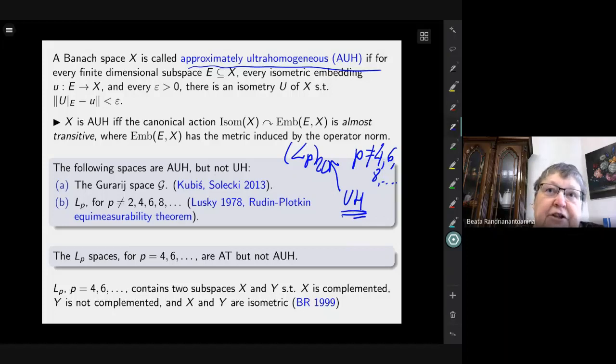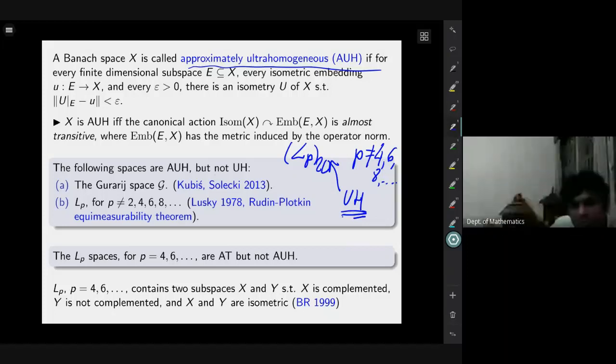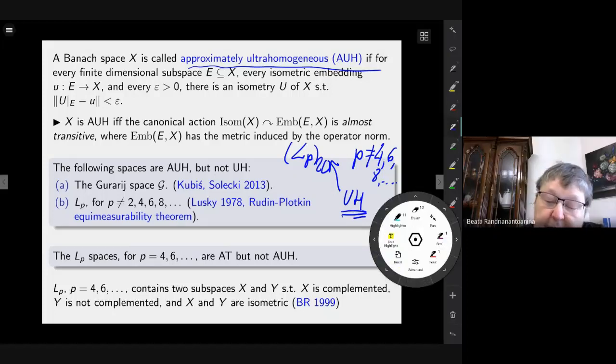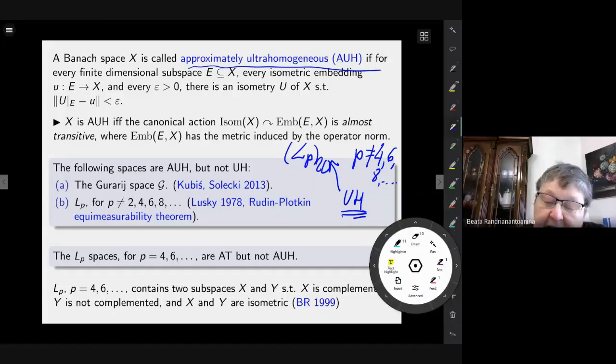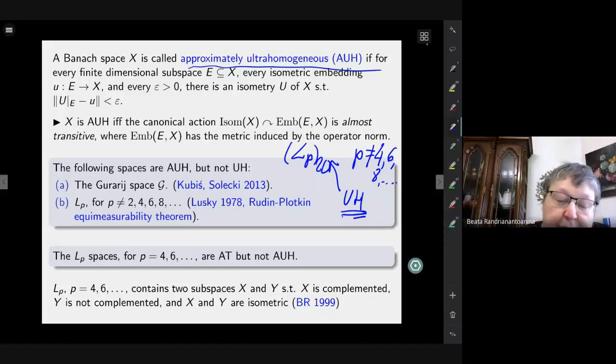So in LP, the way we prove that this thing is ultra homogeneous, in LP we understand, we use the so-called equimeasurability theorem to prove this, meaning when you have that isometry, the embedding into LP, there exists an extension of it, which is not exactly an isometry.